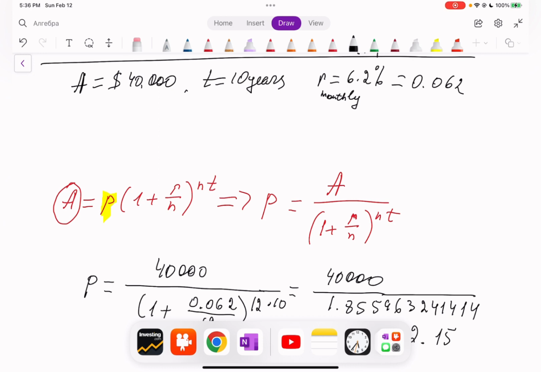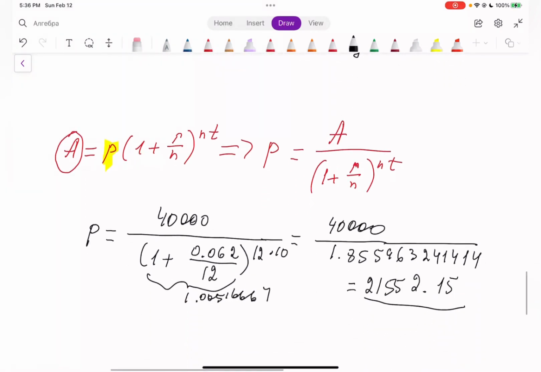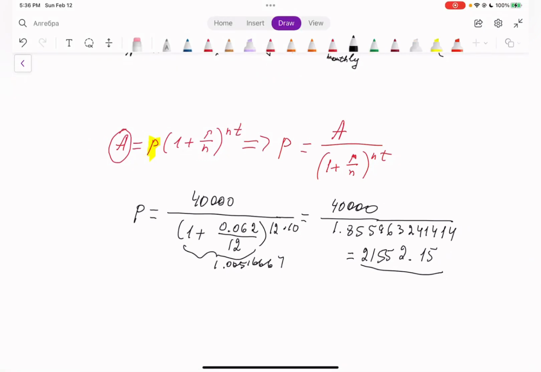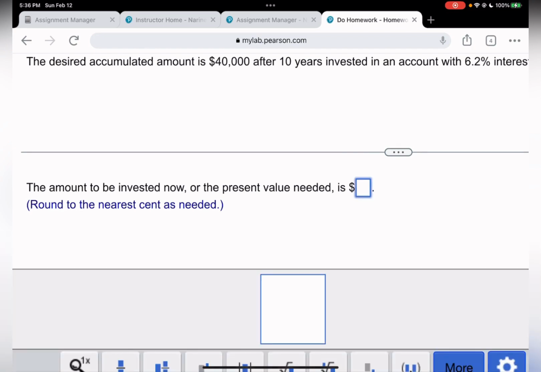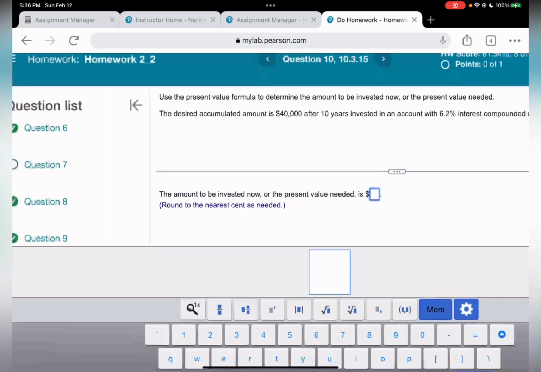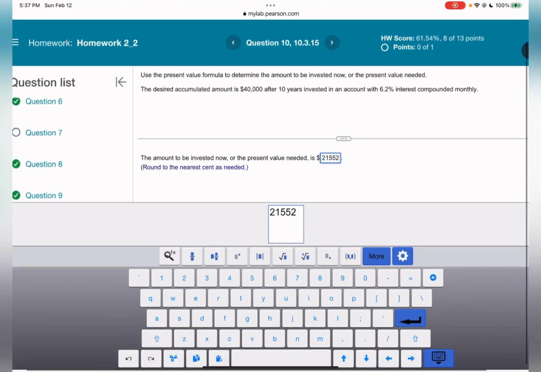So I have to invest now 21,552 for 10 years at interest 6.2%, and in 10 years it will become $40,000. All right. So I put here the present value is going to be $21,552.15, decimal notation.